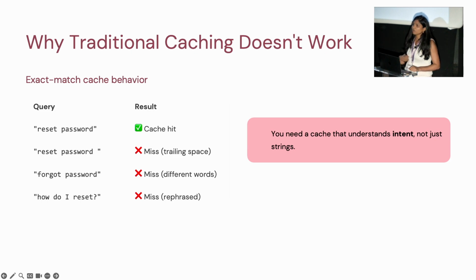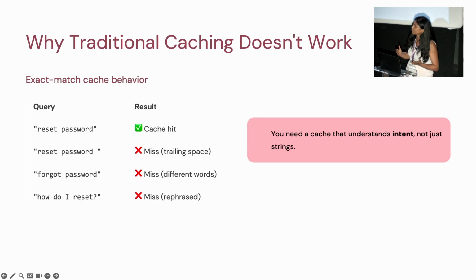So you might think, why not just use traditional caching? Traditional caching works very well when there is an exact word match. For example, reset password works very well because it is already in the cache, so it can deliver. But even a tiny change would break it. For example, reset password with a typo won't work. Forgot password is completely different wording, so it won't work. How do I reset?